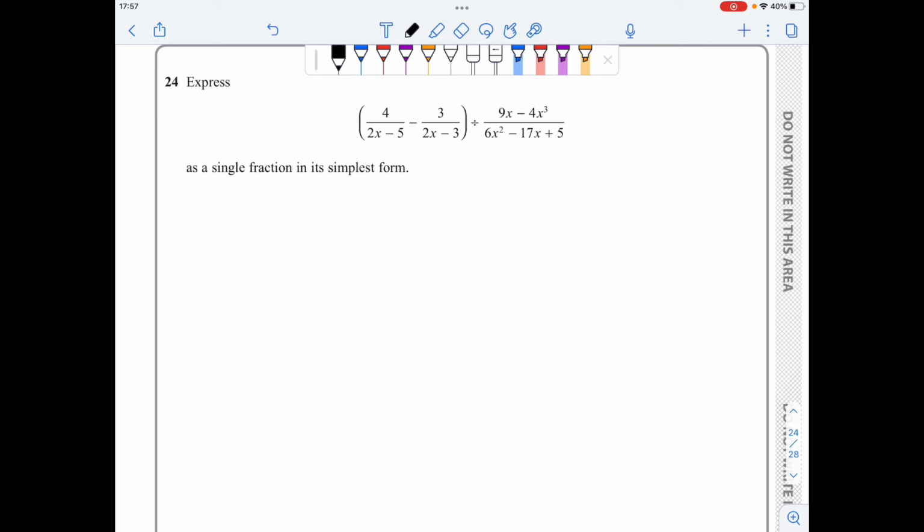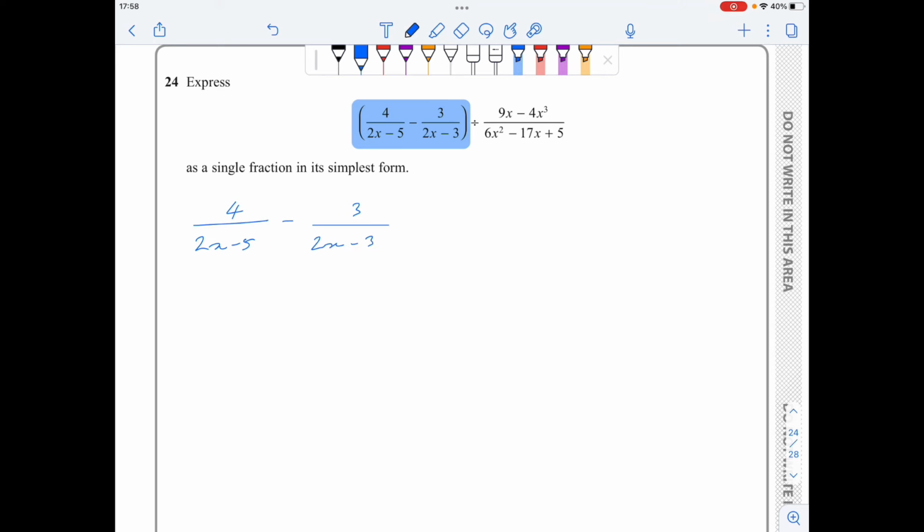For question 24, I'll work separately with the bracket and separately with the fraction on the right, and then I'll put them together again. So for the first one, I have the following: 4 over (2x minus 5) minus 3 over (2x minus 3).